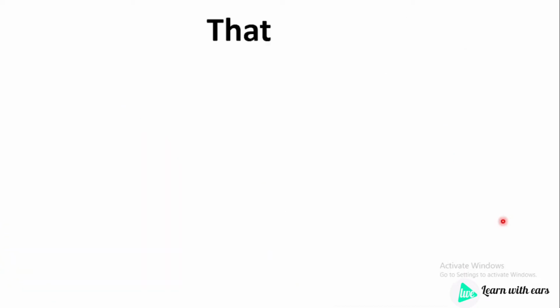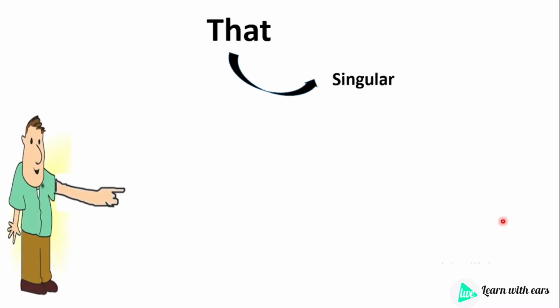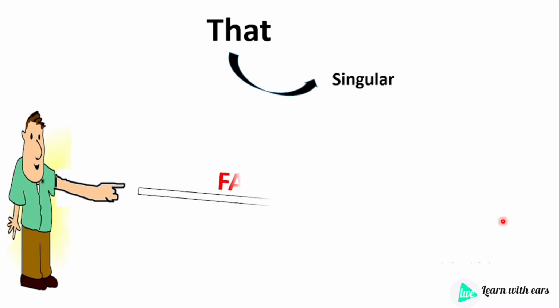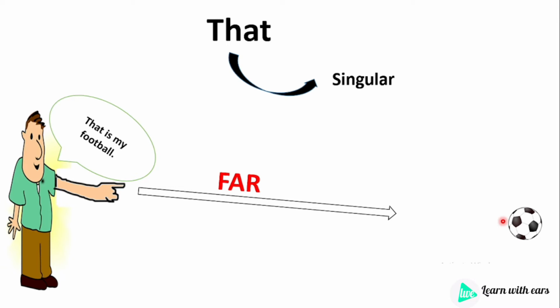Now let's see next, that. We use that with singular nouns. Okay, if I'm standing here and the football is far away, I'll say that is my football. I'll use that because it's singular and far. It's not close to me. Okay, those, plural.